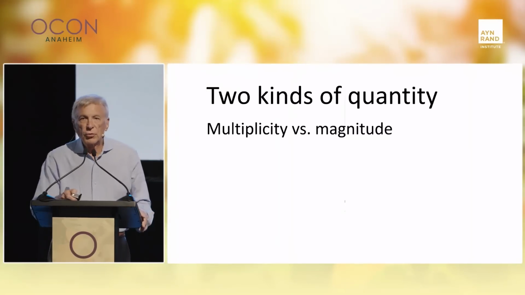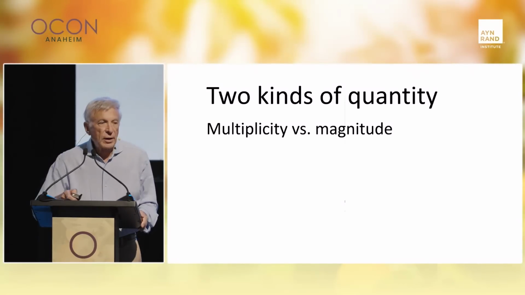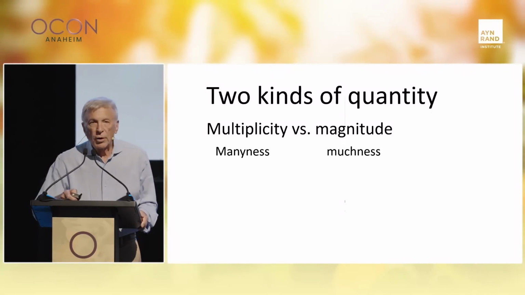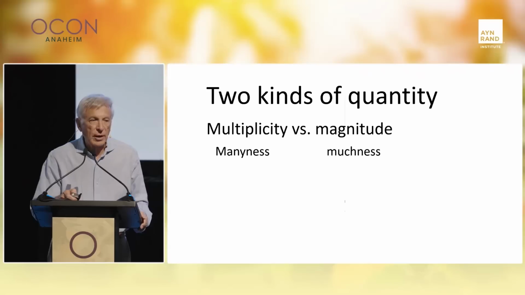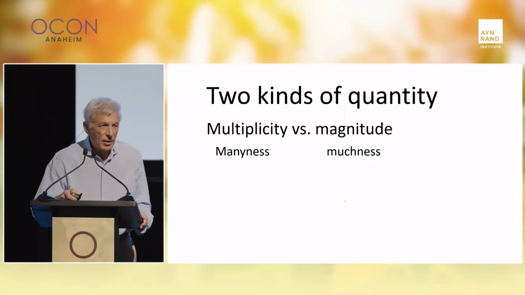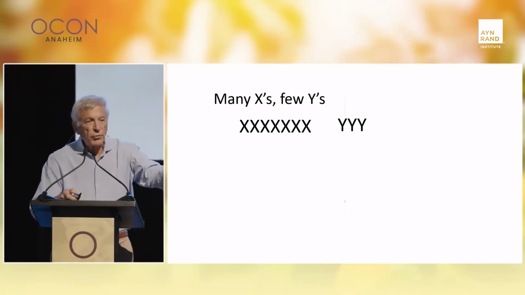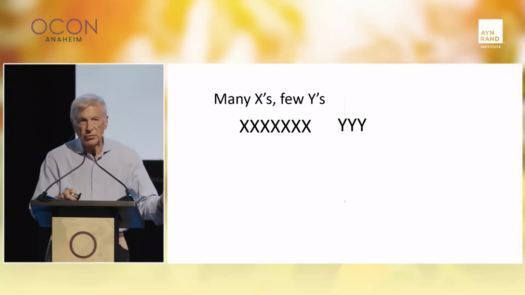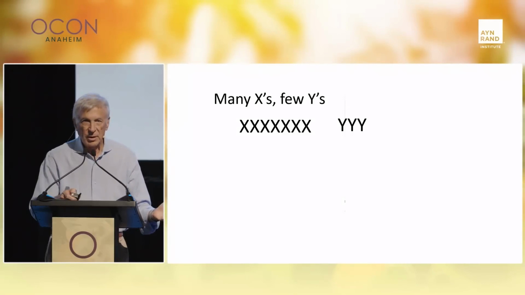Quantity comes in 2 kinds, or there's 2 applications of it. Multiplicity and magnitude. Now, those are big words, so I try to shorten them as manyness and muchness. Manyness refers to the quantity of things.